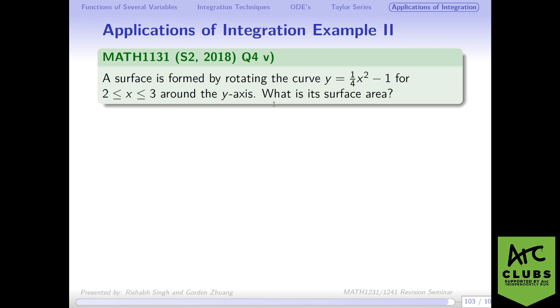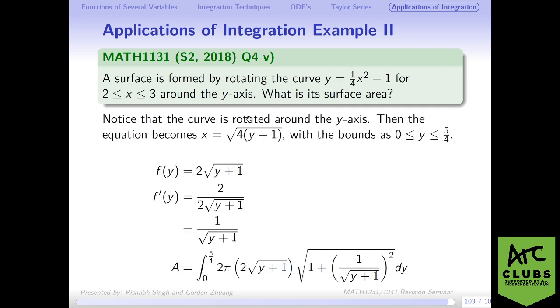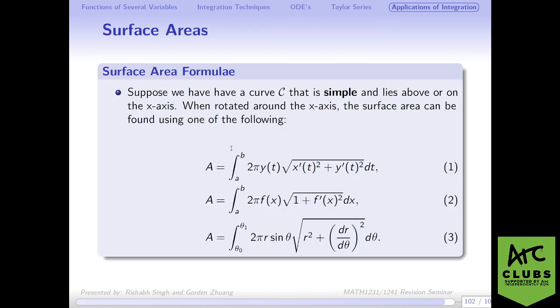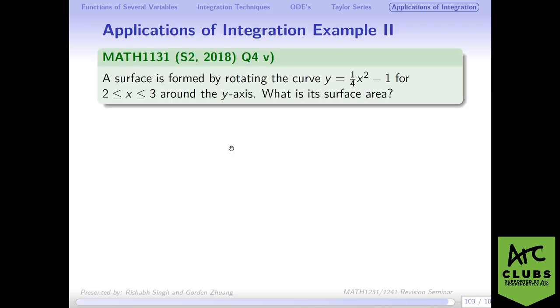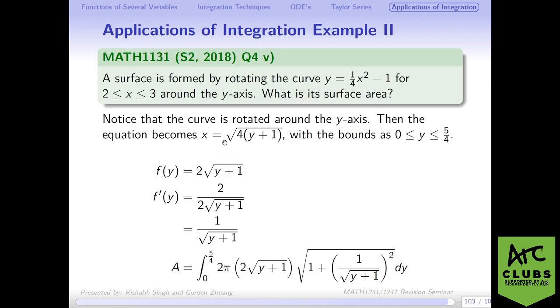So x becomes the square root of 4y plus 1. We take the positive square root because we want the curve to be positive. If we take the negative, we get a negative surface area. So that's why we take the positive.